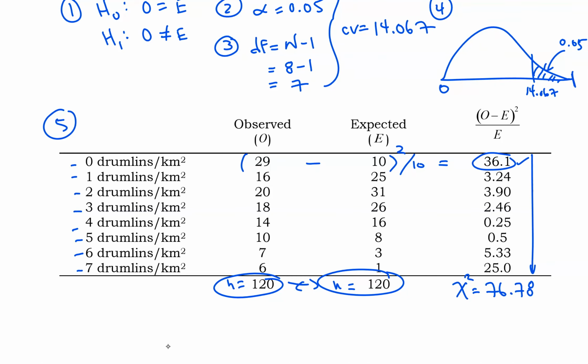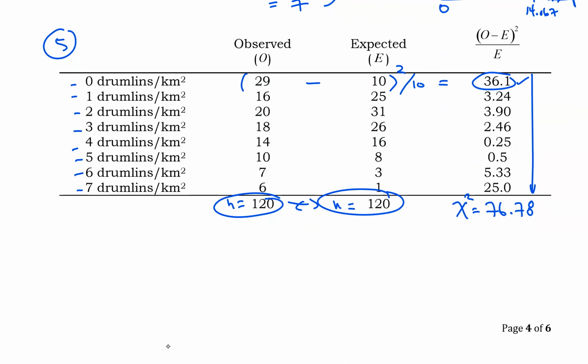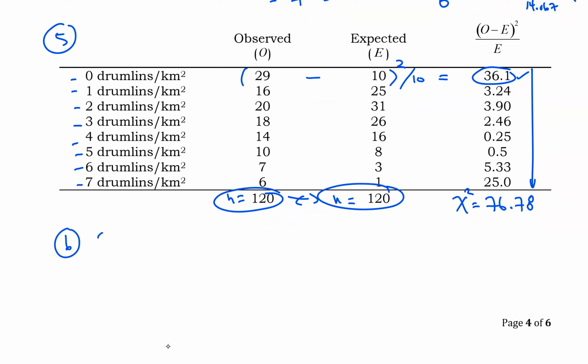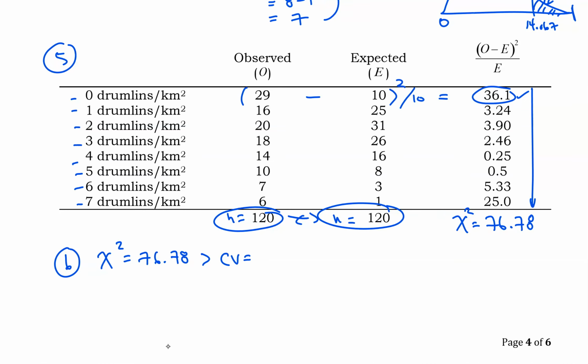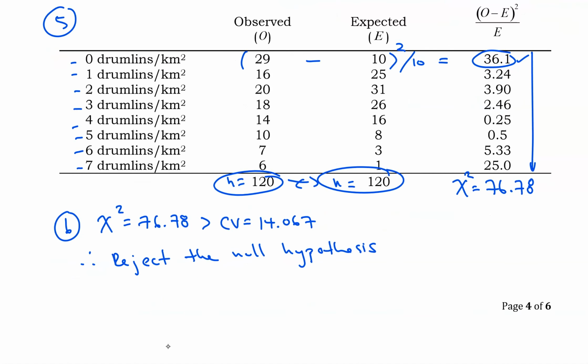Even the first one passed my critical region, so we didn't necessarily have to do the add up, but we'll do the full procedure obviously. We're definitely in the critical region, and we are rejecting our null hypothesis here. So chi-squared of 76.78 is greater than my critical value of 14.067, therefore reject the null hypothesis and support our alternative.